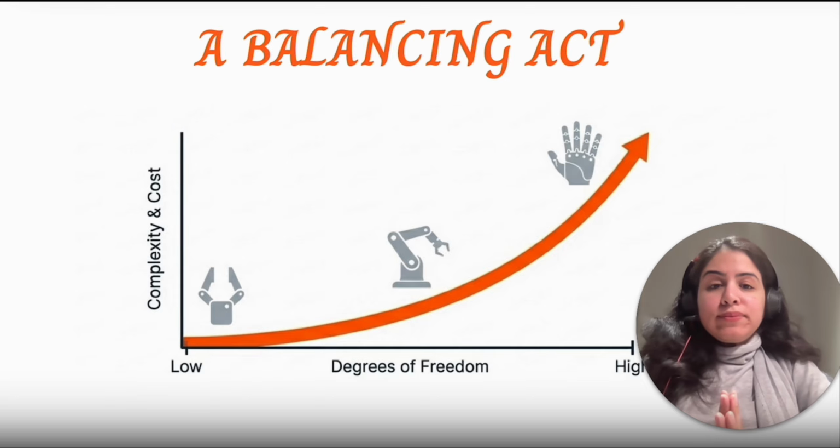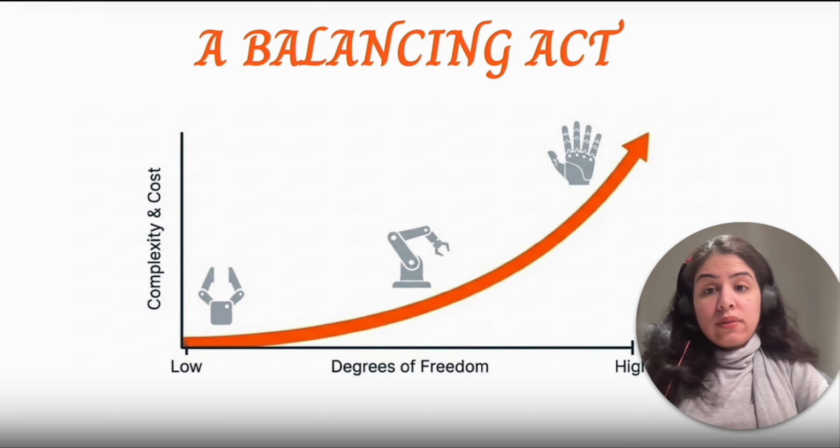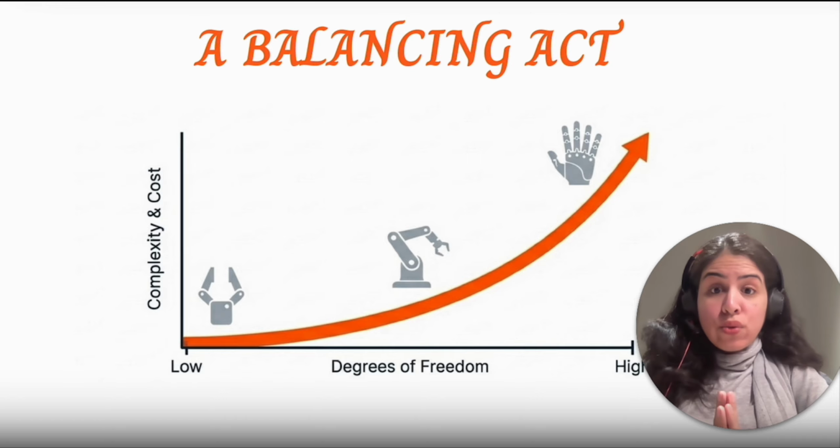Okay, let's move on. A common misconception is that higher degrees of freedom automatically mean a better robot. But in reality, more degrees of freedom mean more hardware. They also mean more control complexity and more difficulty for planning as well as AI.